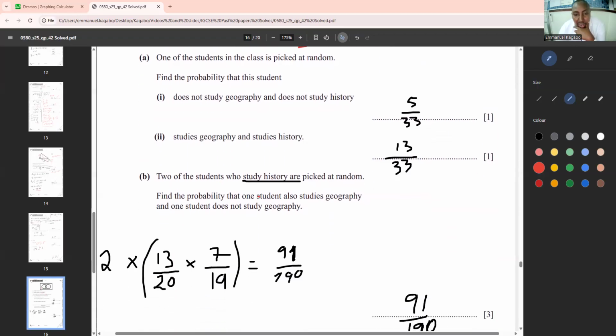Find the probability that one student also studies geography and one student does not study geography. One more time. We are picking from history. And then we are picking a student who studies geography from that group. And another one does not study geography.